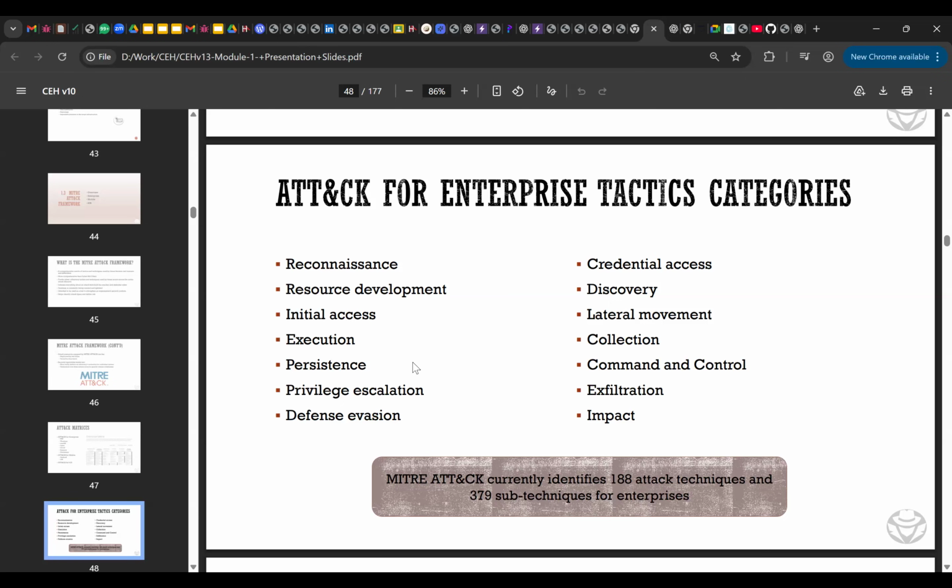Command and control. Let's say the attacker has entered the machine and placed an exe file that performs certain operations. The attacker is sitting somewhere outside the network, so there has to be a command and control channel that controls that executable.